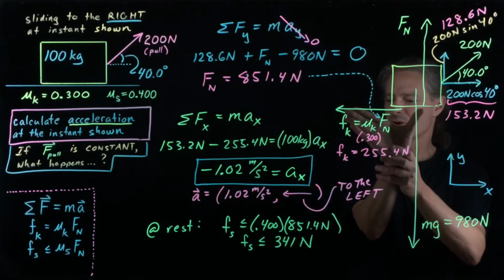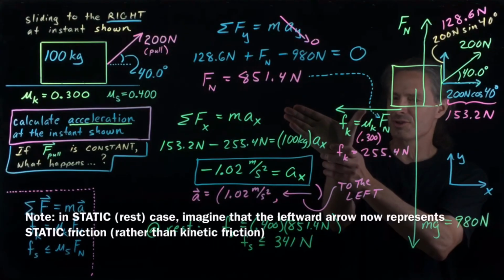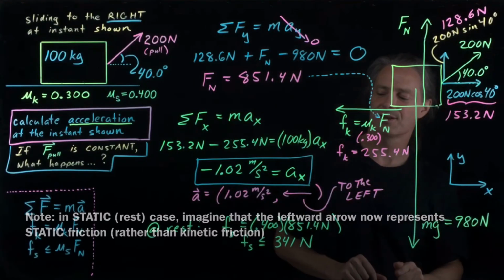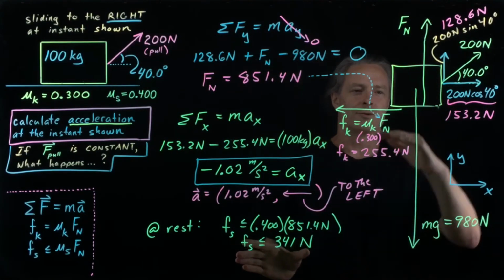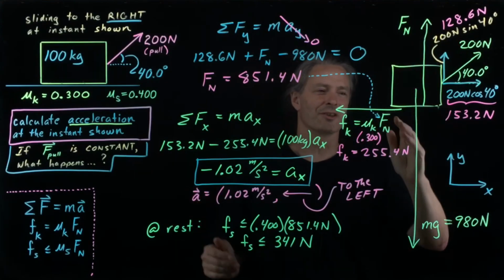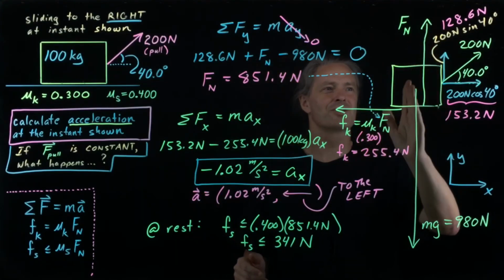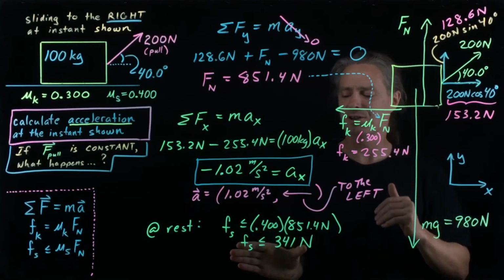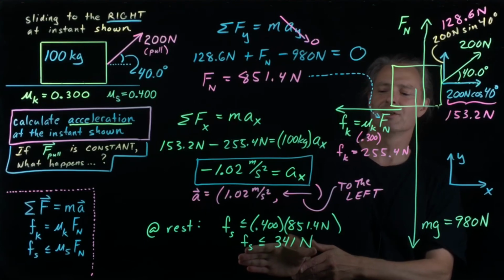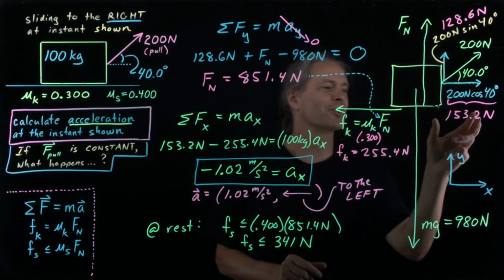It only needs 153.2 newtons to the left to completely block this out and keep the thing at rest. The floor under these conditions with this normal force could exert up to 341 newtons of static friction. But it can't exert more than this.